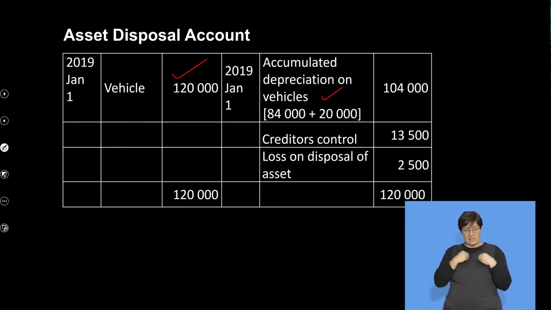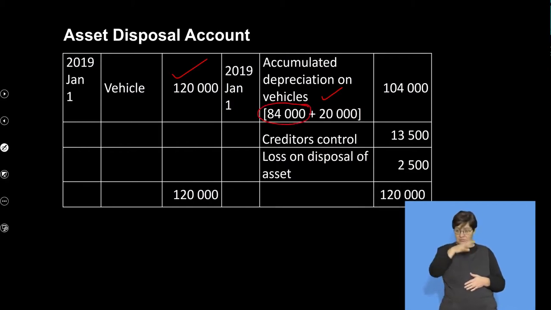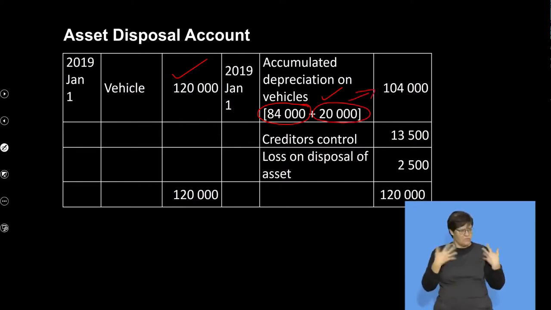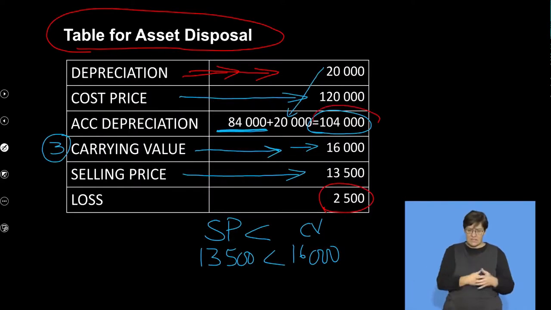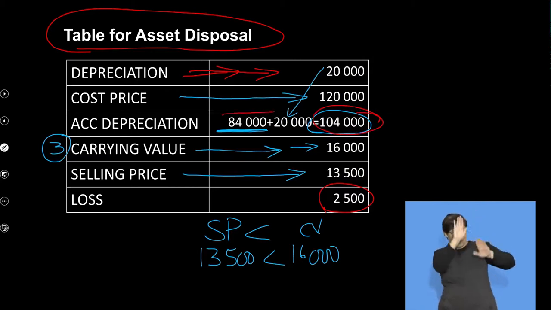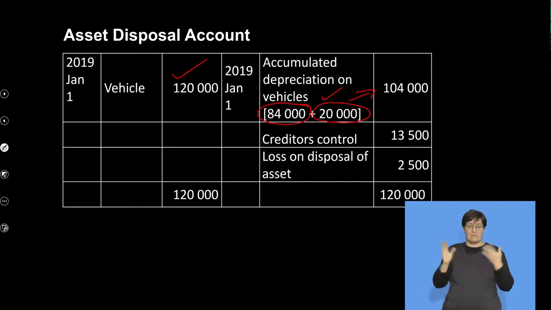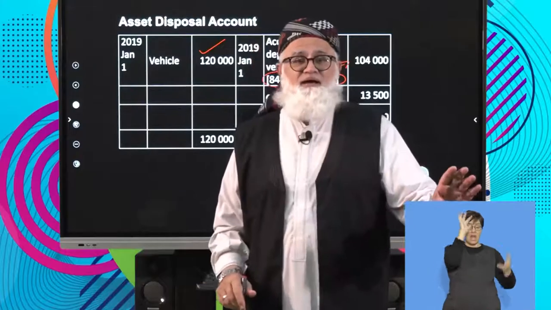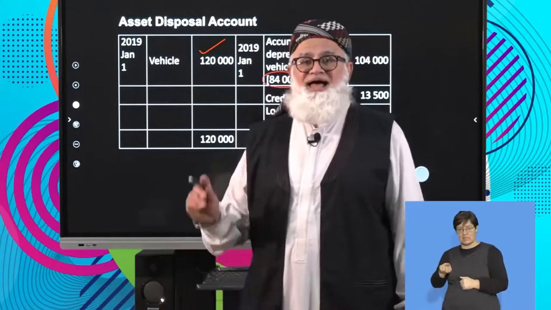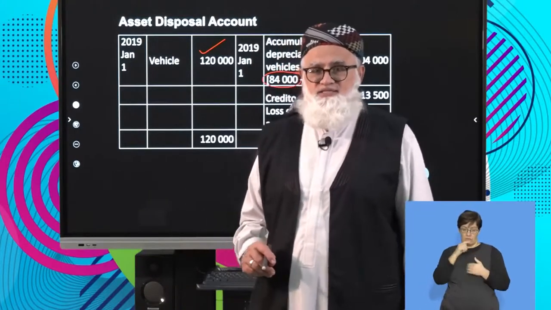Therefore, in my asset disposal, 84,000 was the first figure in my table, plus the 20,000 to give me a total of 104,000. It's not new. You've calculated it. There it is. And the layout here also helps you when it comes to your asset disposal account. Your contra entry, once again, is debit accumulated depreciation, credit asset disposal.